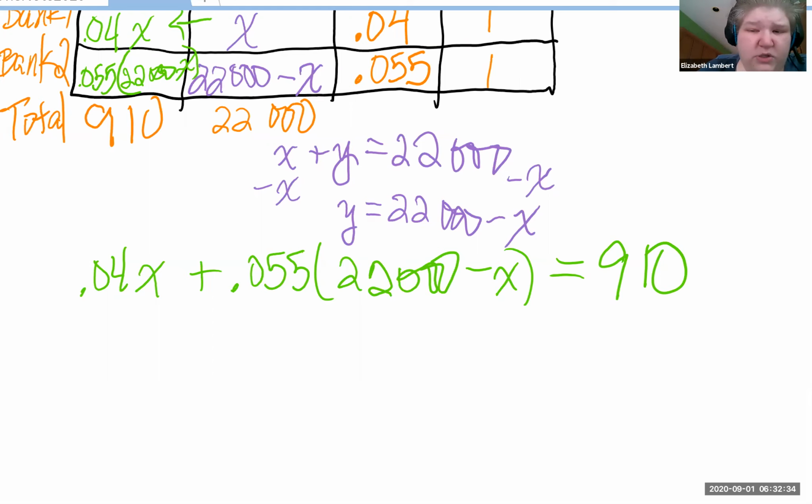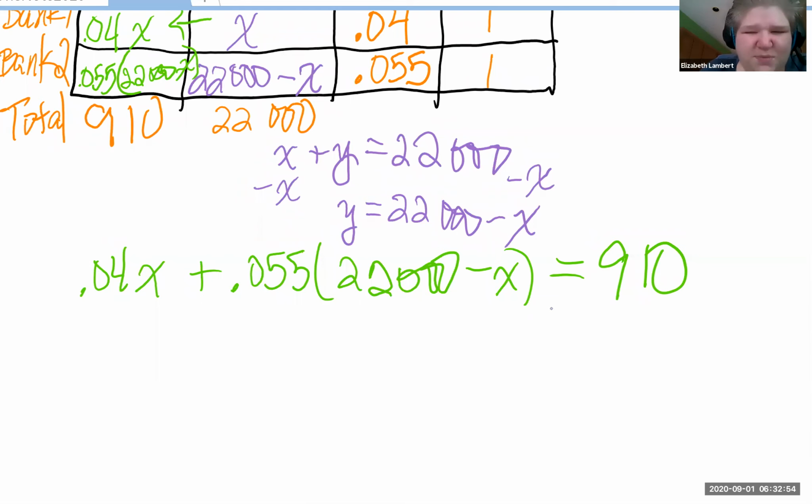If you don't like decimals, you can clear decimals. In this case, we would call it 400ths. So we would multiply everything in this equation by 100, and it would clear the decimals. But because of the parentheses here, people tend to make mistakes when they try that.